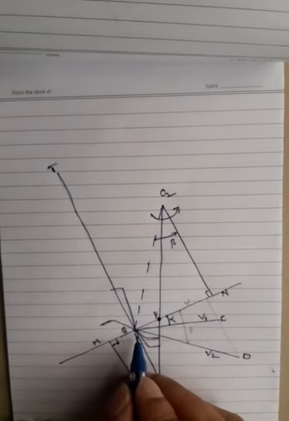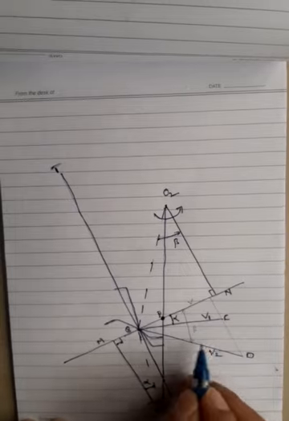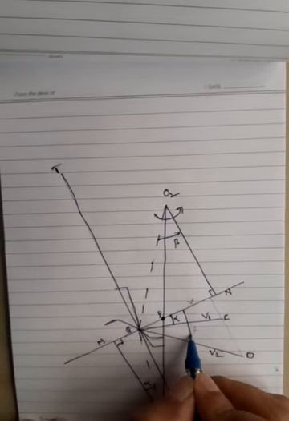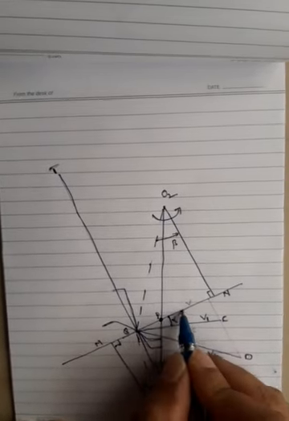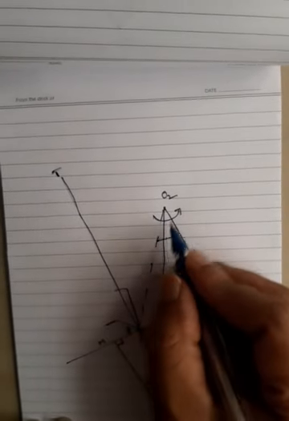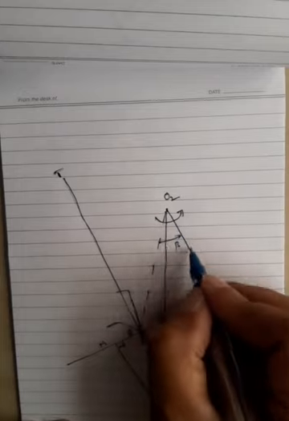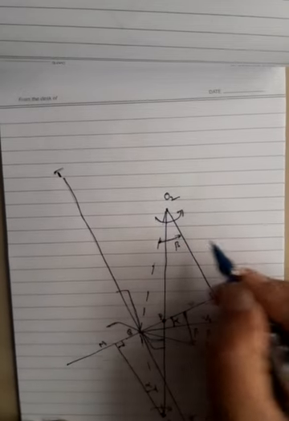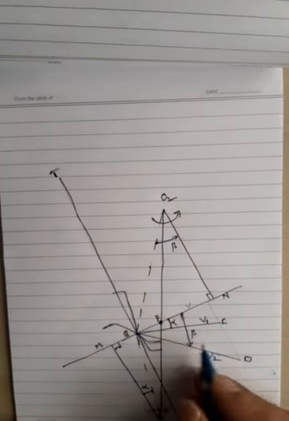Similarly, QD will make an angle beta, which is equal to the angle made by O2Q with O2N, that is angle beta.